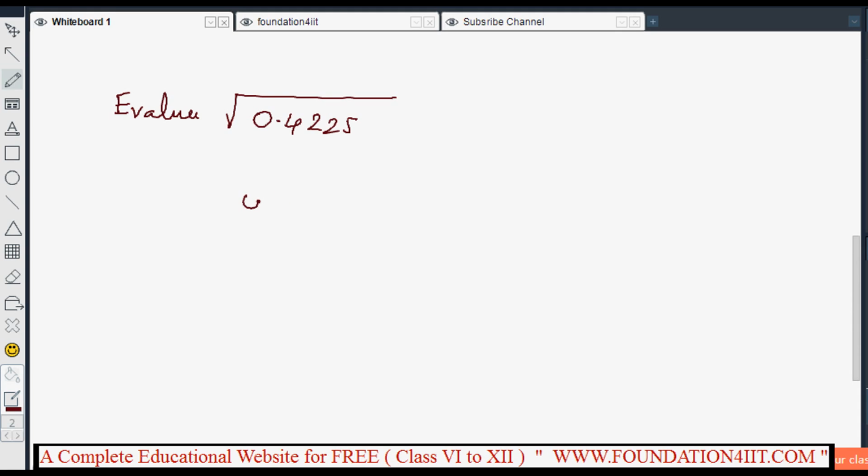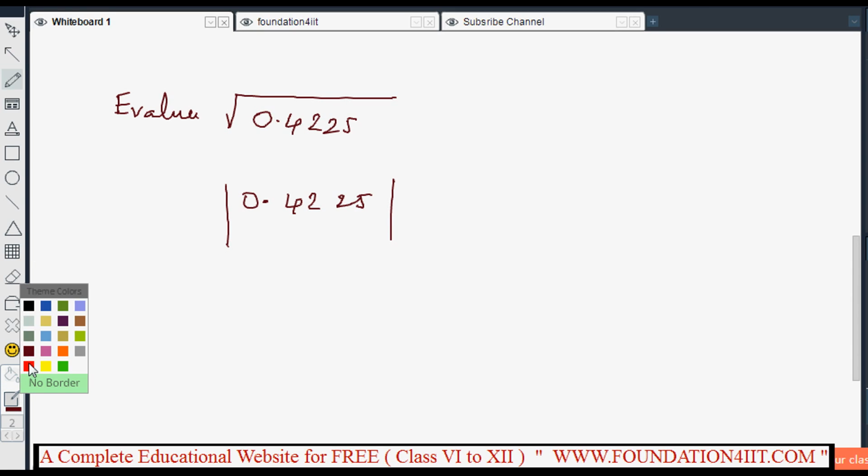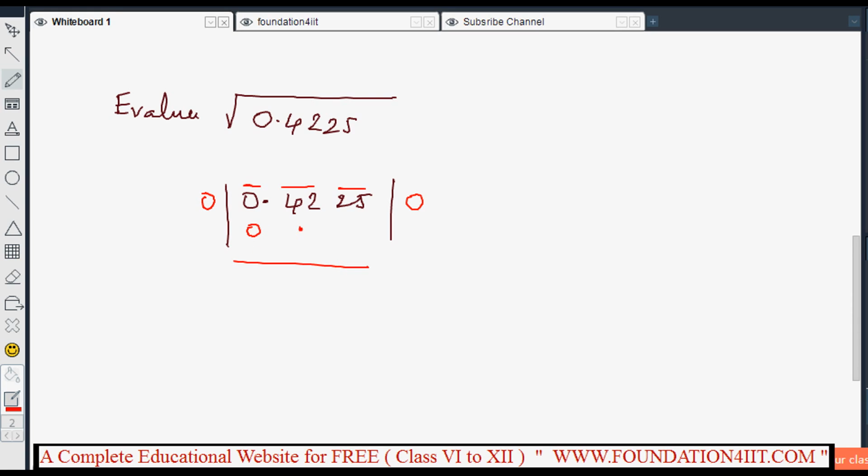The method is the same. 2 twos we need to take, then here only 0. So 0 times 0 is 0 only, we keep it. Now I am taking this 42 down. So 42 is after the point, so we need to keep the point.